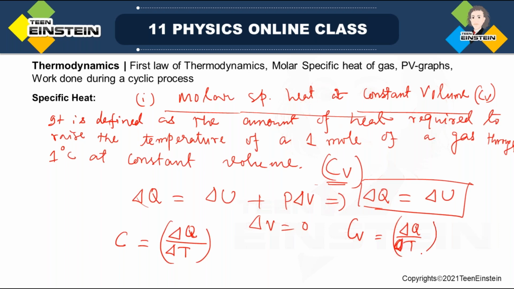Delta t at constant volume. That means this is actually at constant volume, when volume is constant. So this will be del u by del t. I hope you have understood the definitions.